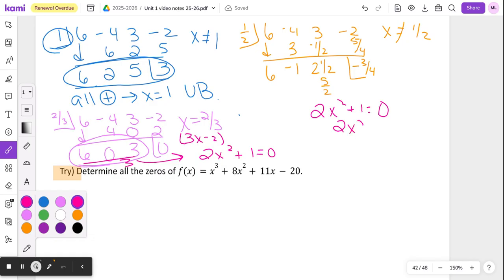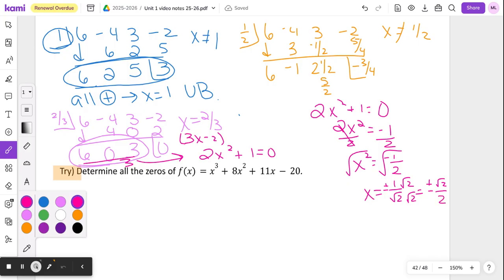It's not factorable, but I can subtract 1, divide by 2, take the square root. I'm going to get positive and negative 1 over radical 2, which I have to rationalize. So I get positive and negative radical 2 over 2.